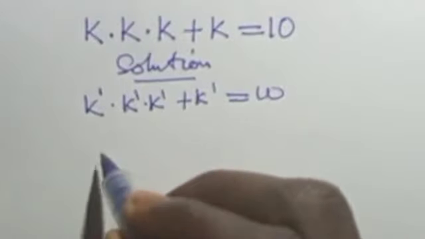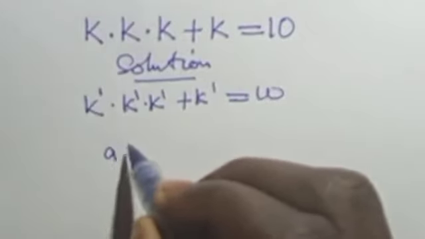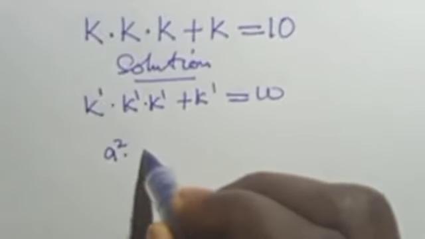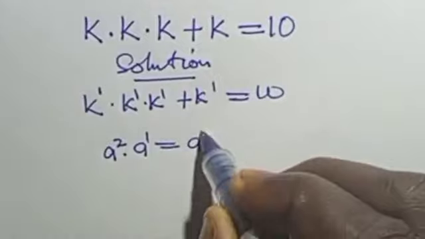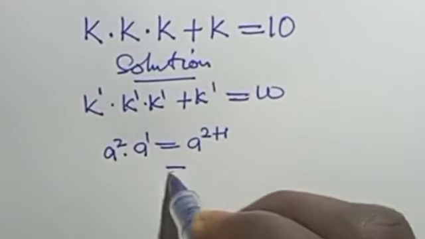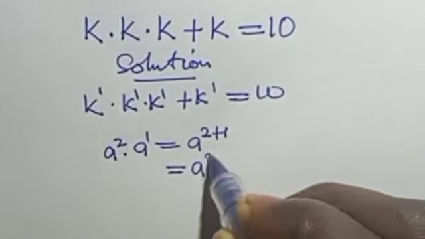We can recall that when a raised to power 2 times a raised to power 1 is equal to a raised to power 2 plus 1, which is equal to a raised to power 3.